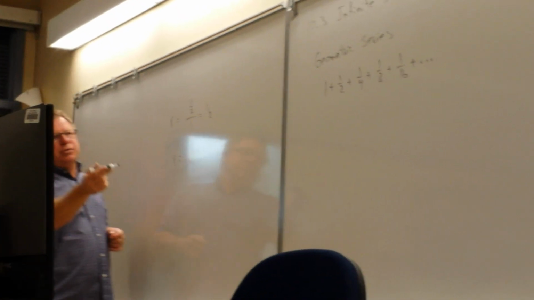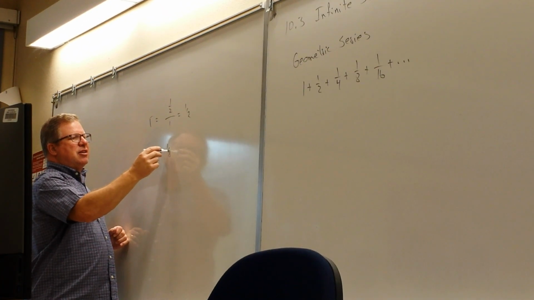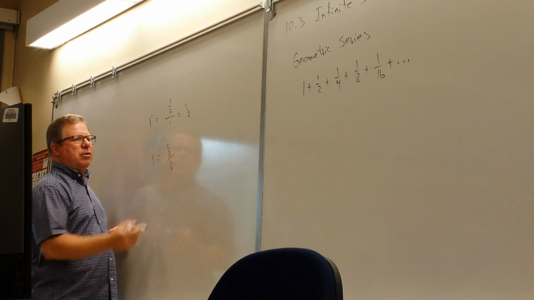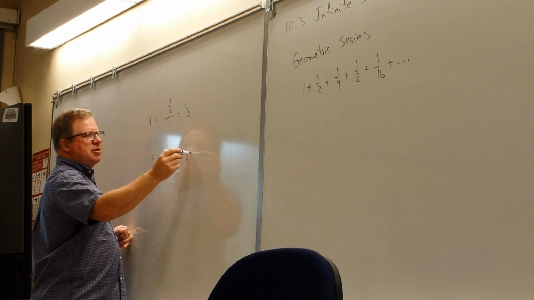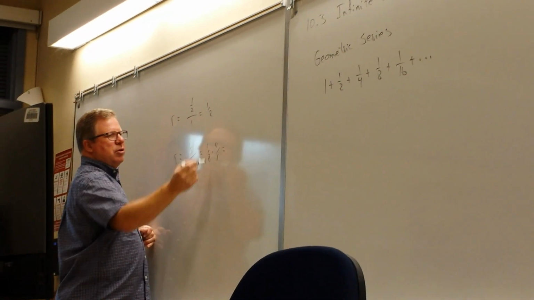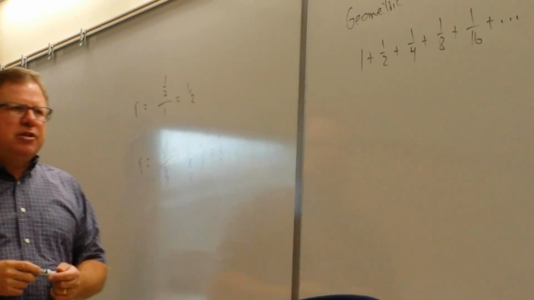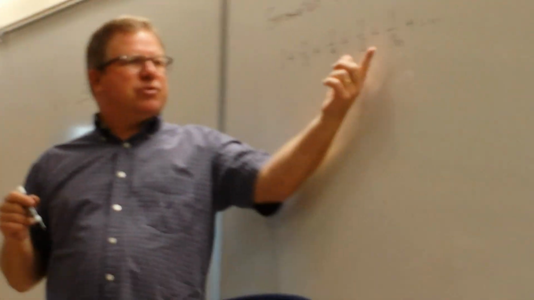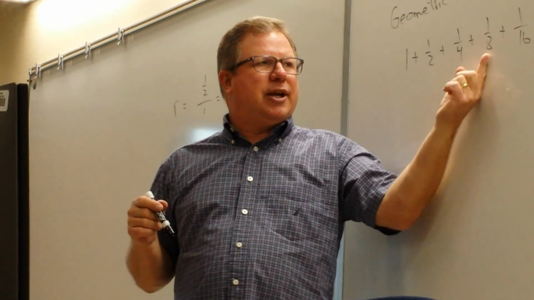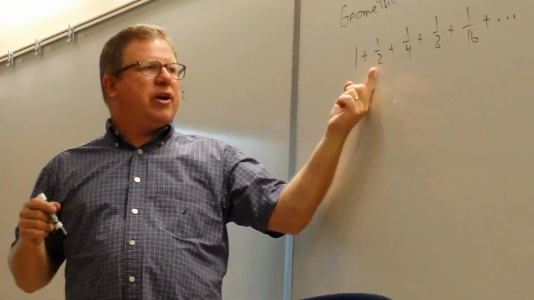And you can do it with any two terms. If we do 1/8 divided by 1/4, multiply by the reciprocal, the 4 divides 8 twice, it reduces to 1/2. Any pair of terms you choose, 1/16 over 1/8, 1/4 over 1/2.